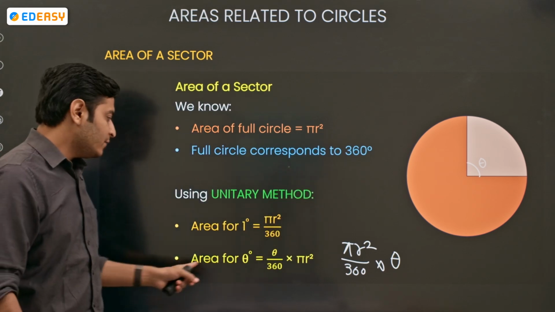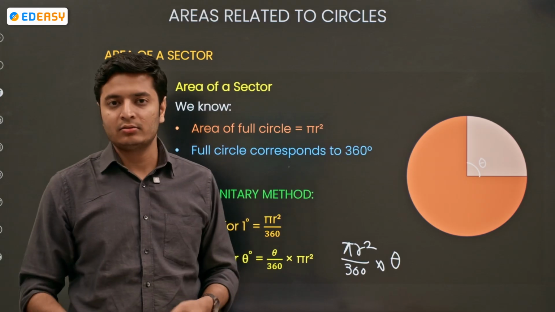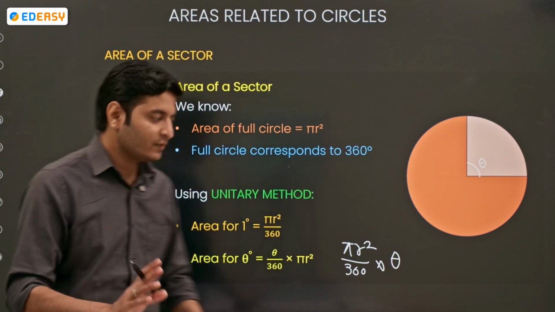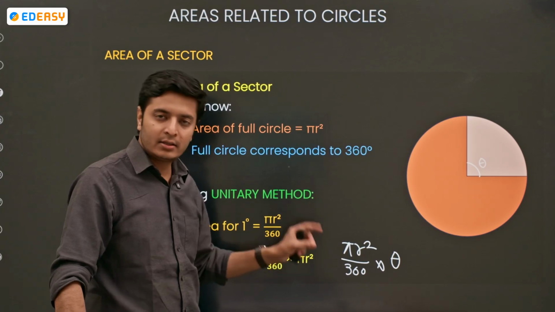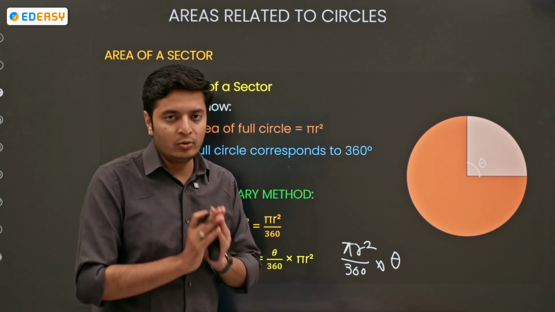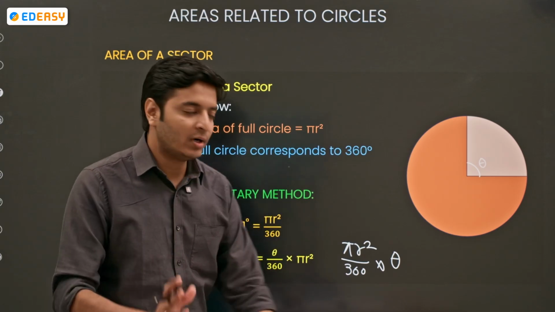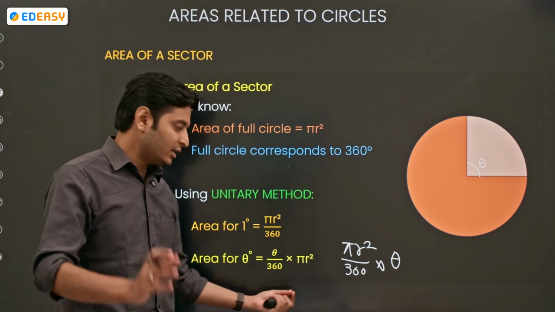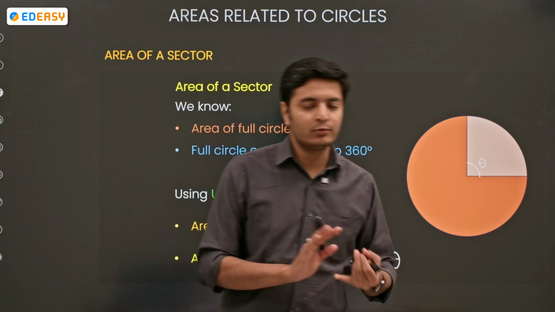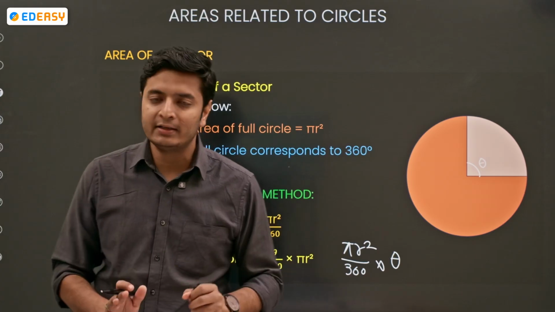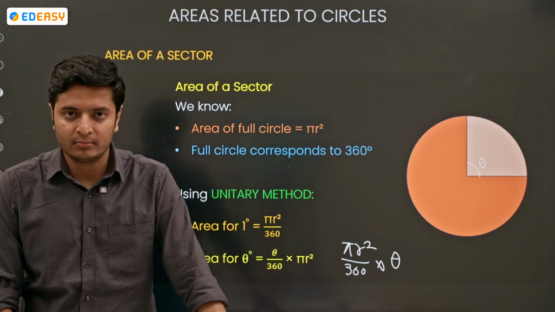Then the area when the angle is theta degrees will become theta by 360 into pi r square. So you are not doing anything else, you are just multiplying the area of the circle with theta by 360. If you know the value of theta and the value of r, you can easily find the area of the sector. Correct?